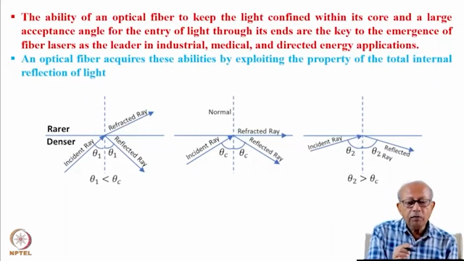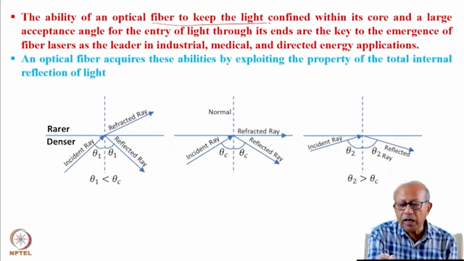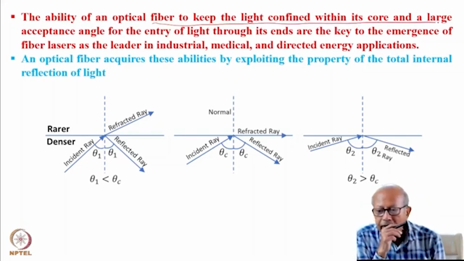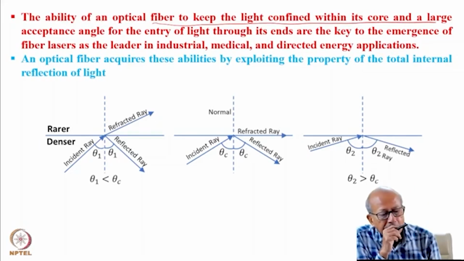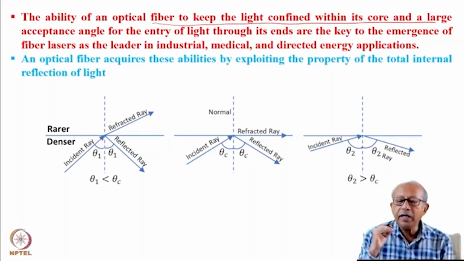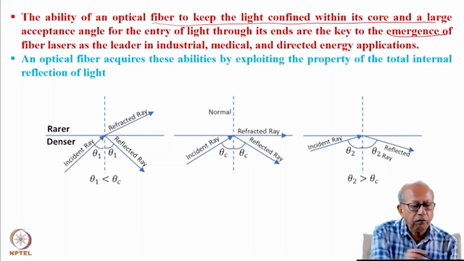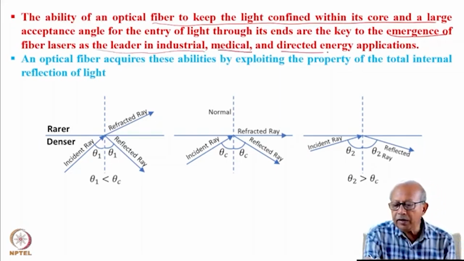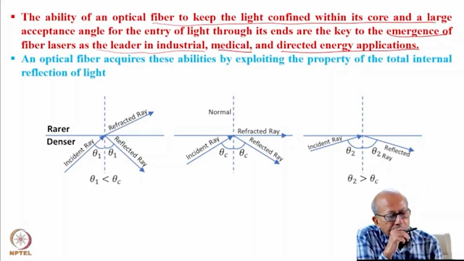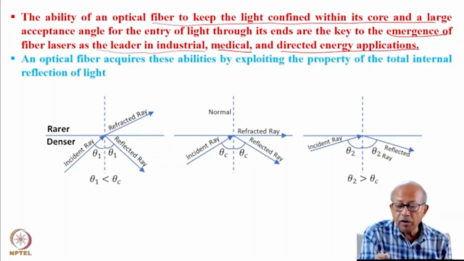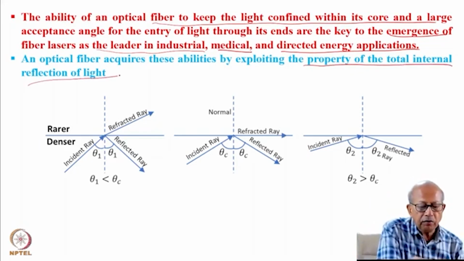The ability of an optical fiber to keep the light confined within its core and a large acceptance angle for the entry of light through its ends are the key to the emergence of fiber lasers as the leader in industrial, medical, and directed energy applications. An optical fiber acquires these abilities by exploiting, as you know, the property of total internal reflection of light.